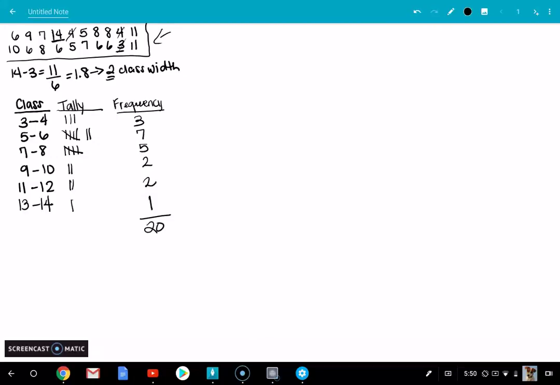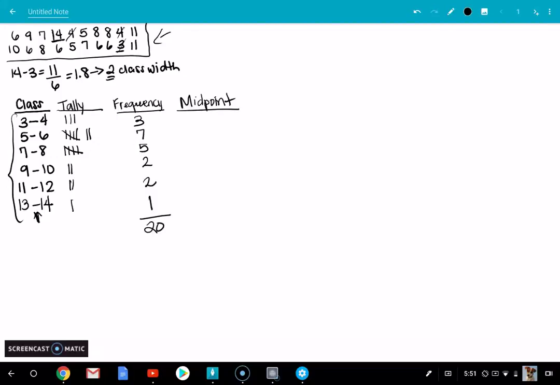And so next what we need to find is the midpoint. With this question, it's pretty simple to find the midpoint. I realize you don't have to go through all of the steps when it's as clear as day with the classes, particularly with the middle, because this is only separated by 1. So half of 1 is 0.5.